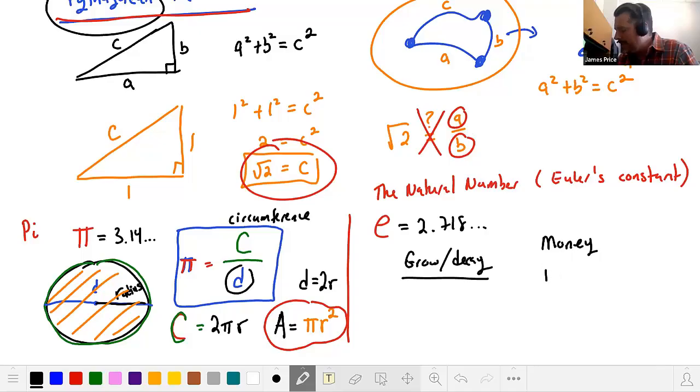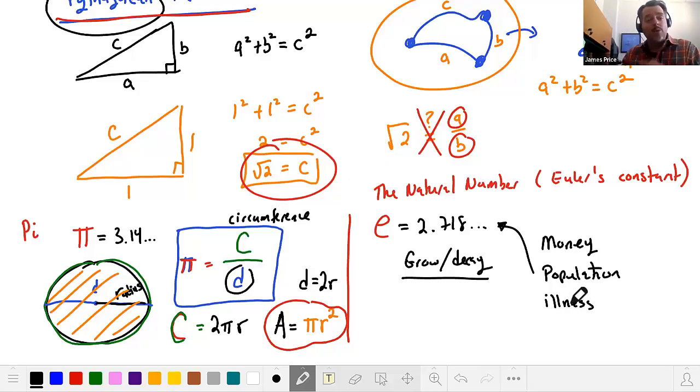Or if you study population sizes, how do populations grow or decay? This number will pop out of there. Or if you study illness, how does the flu spread or how does COVID spread? That number e will naturally pop out of that study. So it's a very important, powerful number.